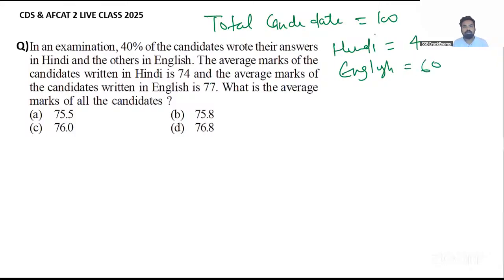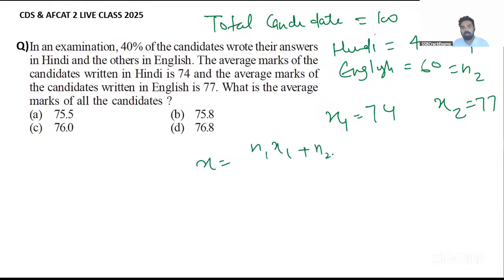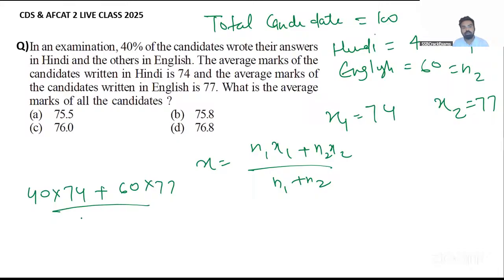The average marks for Hindi and English: this is N1, this is N2. We have X1 as 74 and X2 as 77. So we need to find X: (N1 X1 plus N2 X2) upon (N1 plus N2). Apply here: N1 is 40, X1 is 74, N2 is 60, X2 is 77, upon N1 plus N2, which is 100.